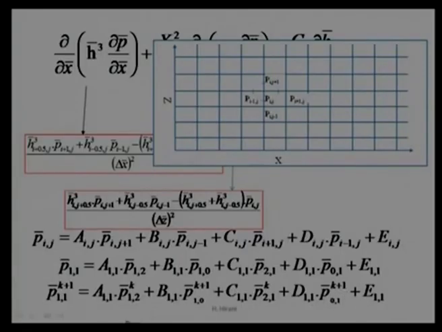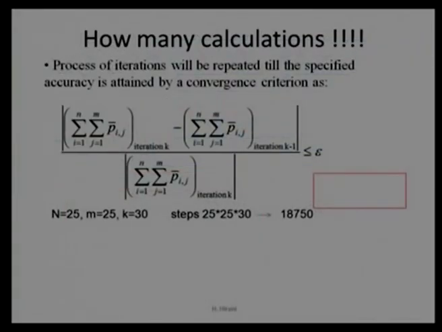All the other constants for the nodes will remain the same and will not change with any iteration. And we can use as initial condition, not boundary condition, P i j is 0 at all nodes.